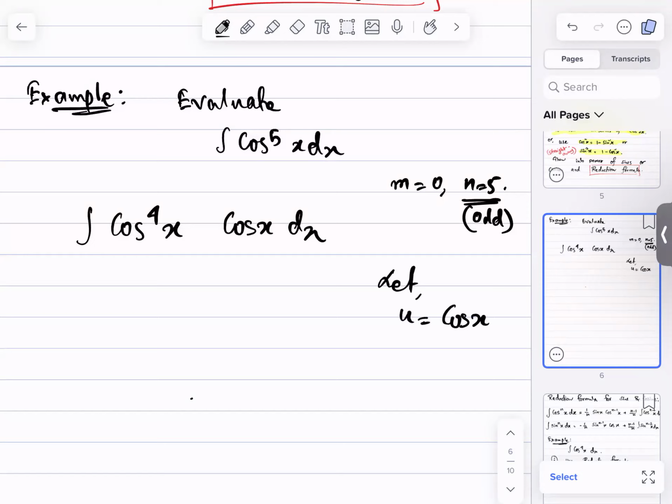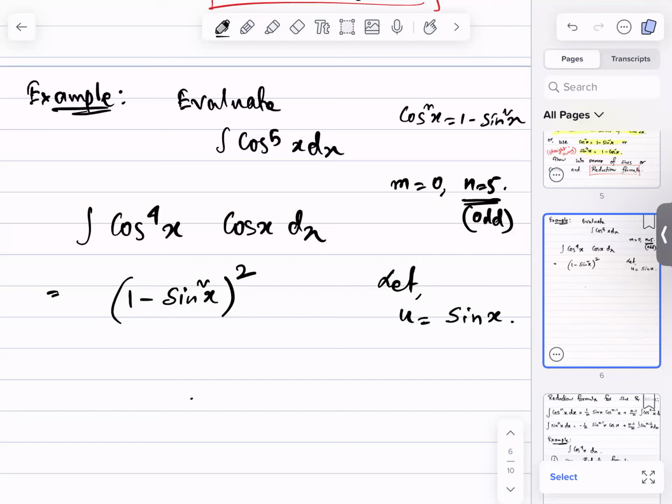Oh no, sorry. I'll use the substitution u to be sine x. Okay. So first, cosine to the 4 can be converted into (1 minus sine square x) whole square, right? Because I know that cosine square x is just 1 minus sine square x. So cosine to the 4 will be the whole square of 1 minus sine square x, and there is cosine x dx left over.